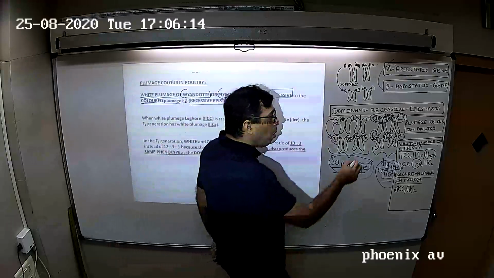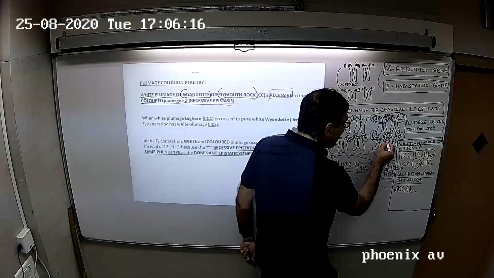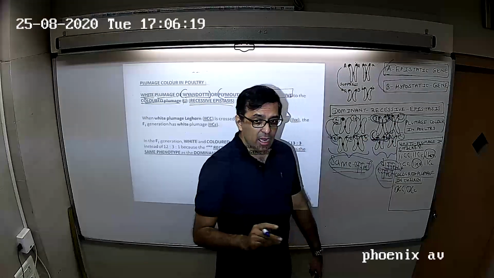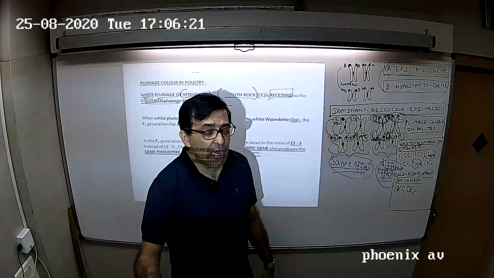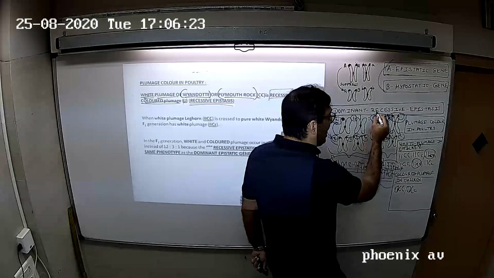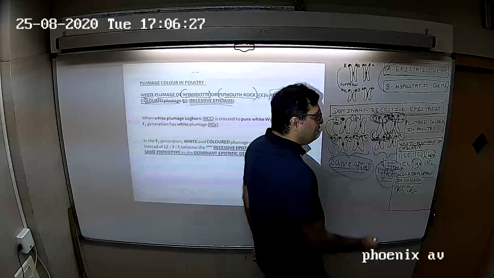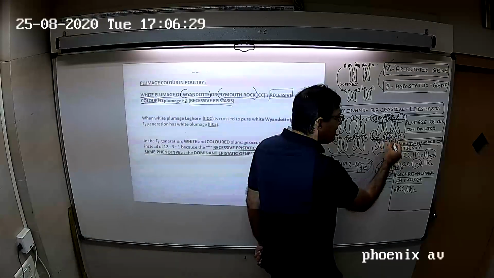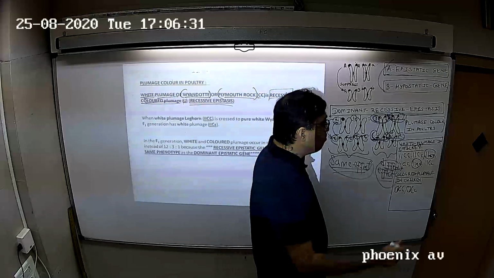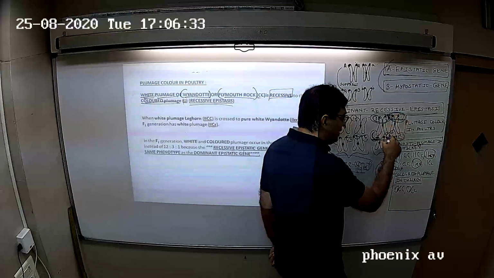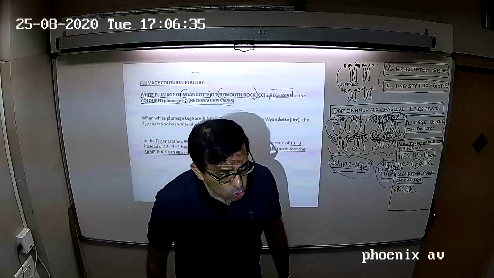Then small i with capital C is also colored because of recessive epistasis, and small i with capital C, small c is also colored because of recessive epistasis. I hope you have understood that.